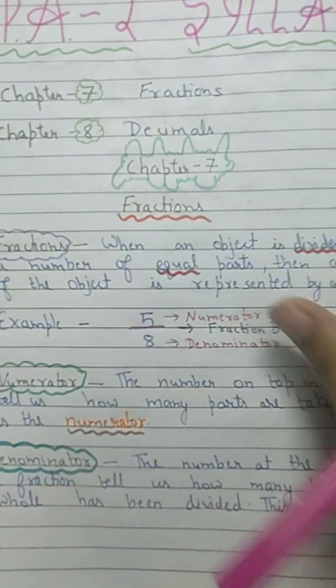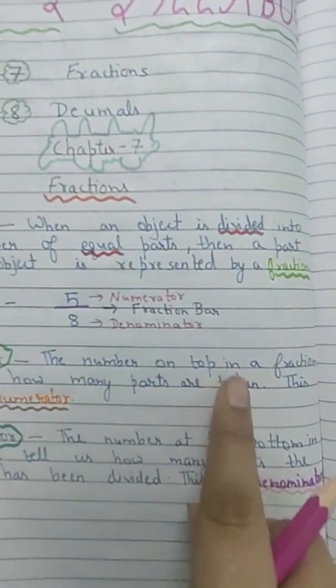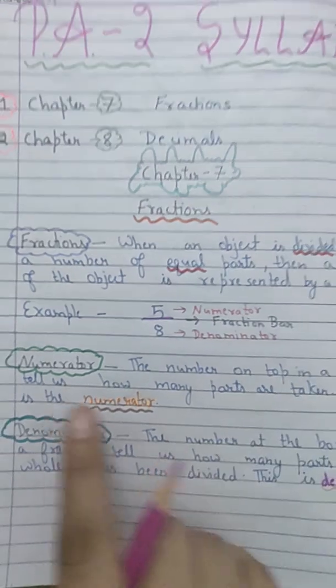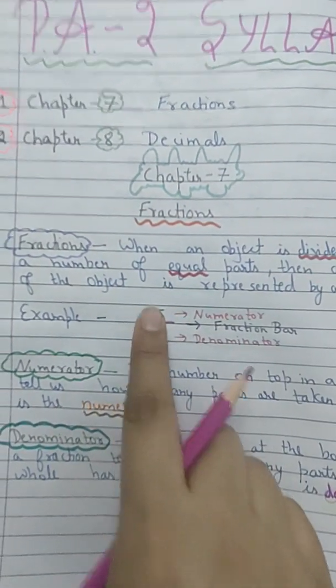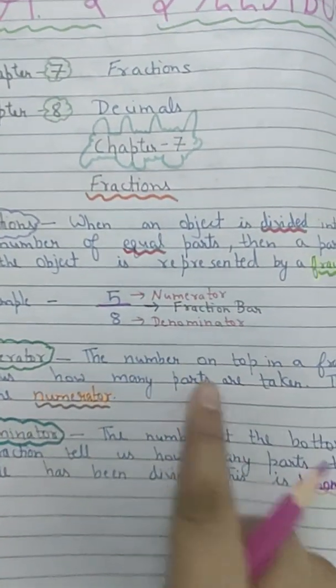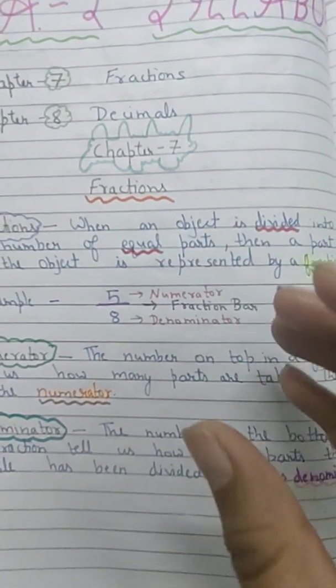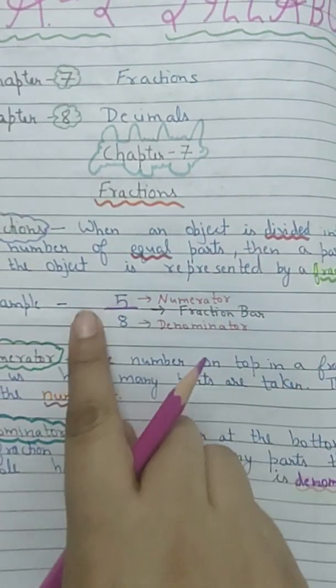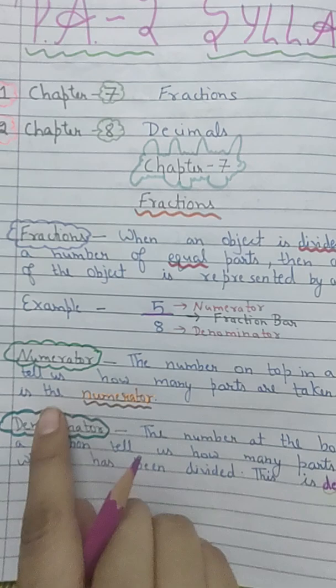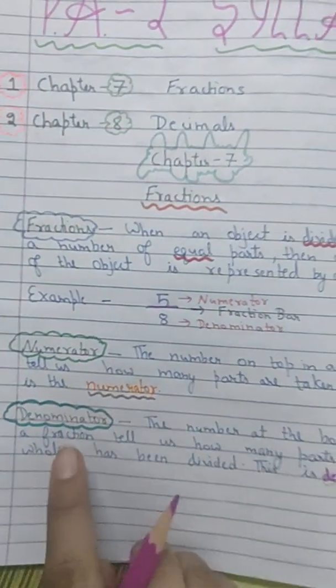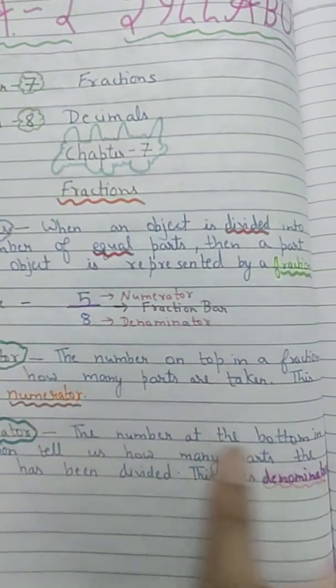Now what are numerator and denominator? The number on the top in a fraction, the numerator, tells us how many parts are taken. And the denominator is the number at the bottom.